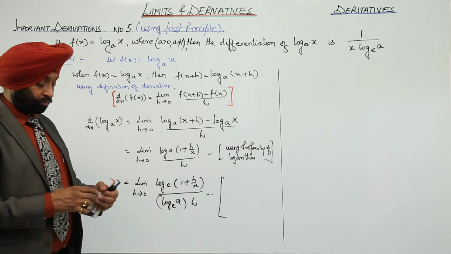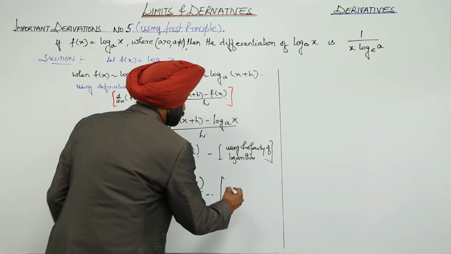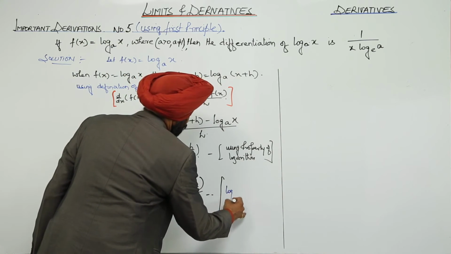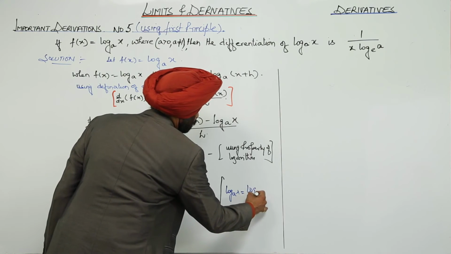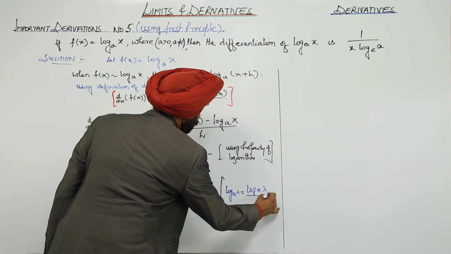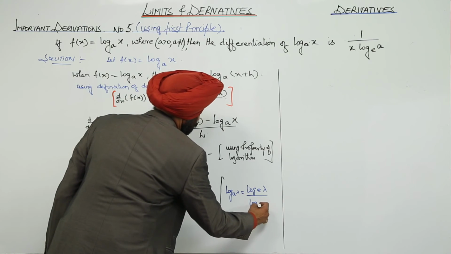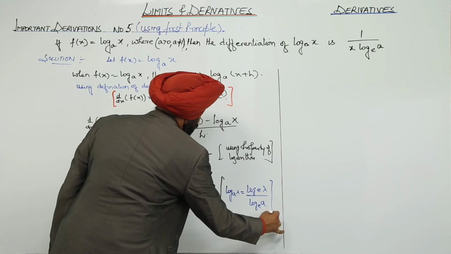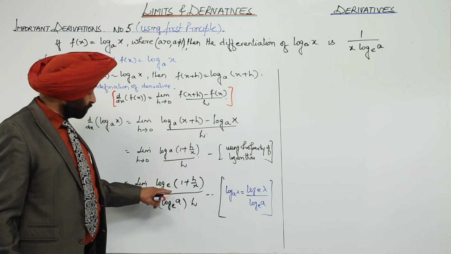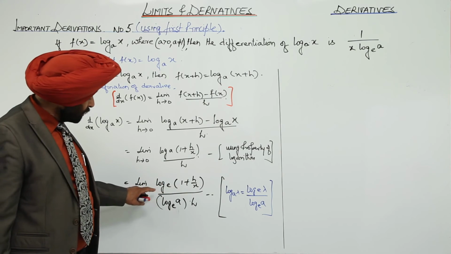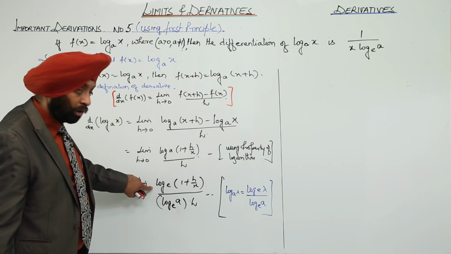Again property for logarithm: if we are having log a lambda, then we can write it log e lambda upon log e a, okay. Why have we done this? Because we have the property for the limits, so that's why we have converted it into log e.